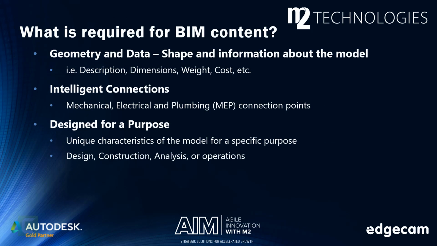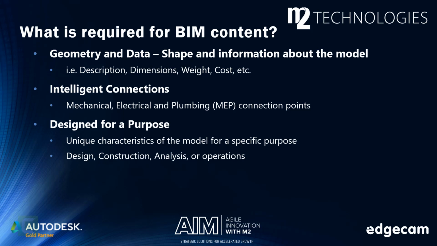So what are the requirements to produce BIM content? First of all, there are geometry and data requirements. Things like shape, dimensions, description, weight, cost. Those are all pieces of the information that the end user is going to require. From a 3D modeling or an Autodesk Inventor concept, you might think of it as iProperties.